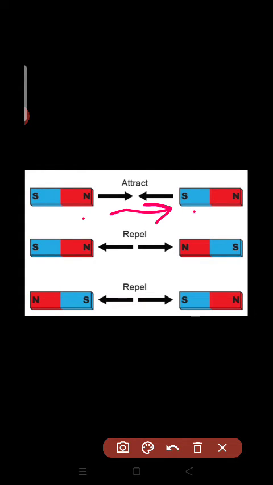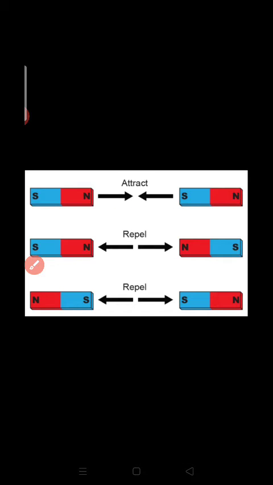But if we keep the magnets aligned like north pole and north pole, these two poles are of the same nature, and that's why they repel each other. In the same way, if south pole and south pole are facing the same side, they also repel because they have the same nature. These are the properties of a magnet.